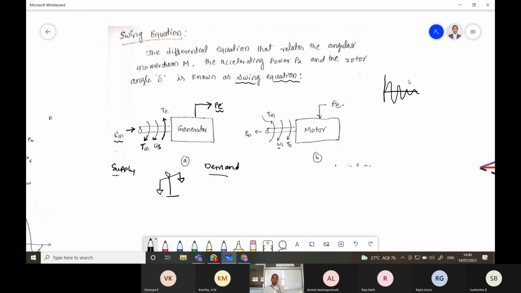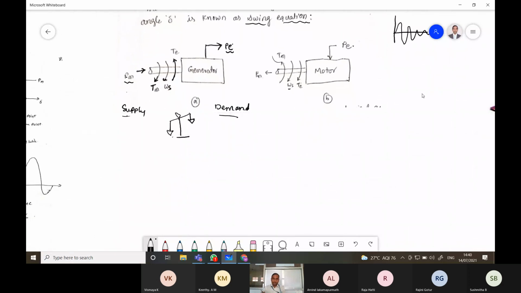In this figure we see the torque, speed, and flow of mechanical and electrical power in a synchronous machine. Considering the synchronous machine, it is assumed that the windage and friction losses and iron losses are constant and negligible.